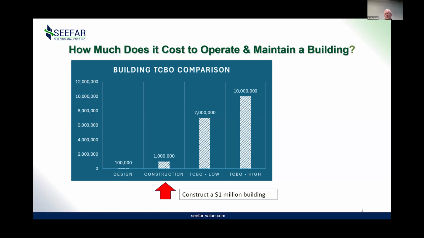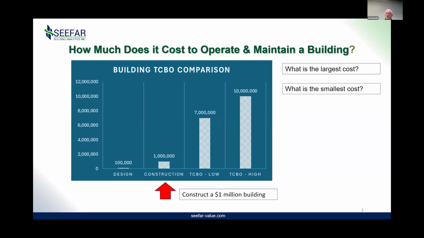And so the first question is, what is the largest cost? Now, this is a trick question. No, it's not. It's obviously the total cost of building ownership. And what is the smallest cost? Well, it's obviously design cost.